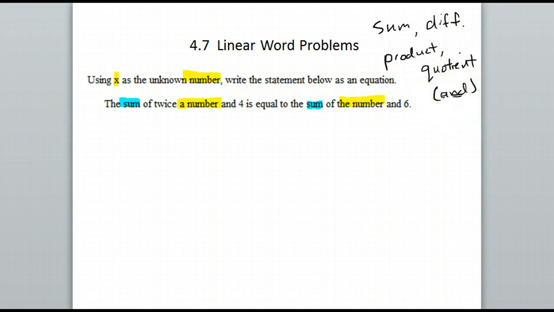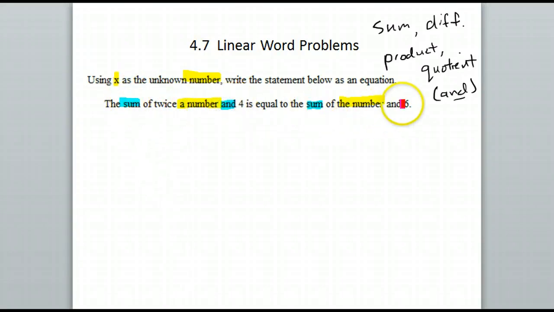Right, and's a very common word in our language. So it's not necessarily the only and that's going to show up in the problem. But usually the first and that follows one of these answer words is where you're going to put your operation symbol. So here's sum, there's the word and.